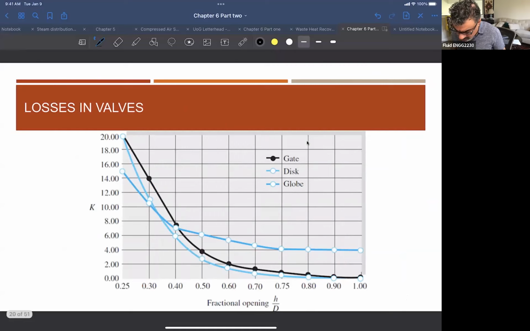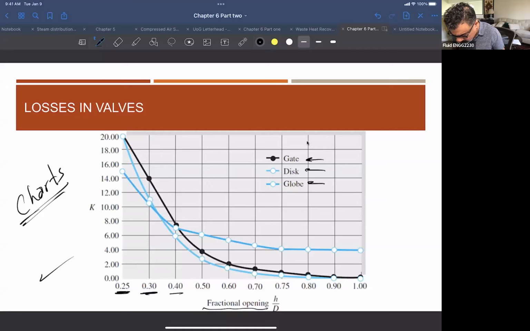Another thing here is a typical example of a chart. This is a chart of the valve loss coefficient. It gives different types of valves depending on the fractional opening. Is it 25% open, 30% open, 40%?